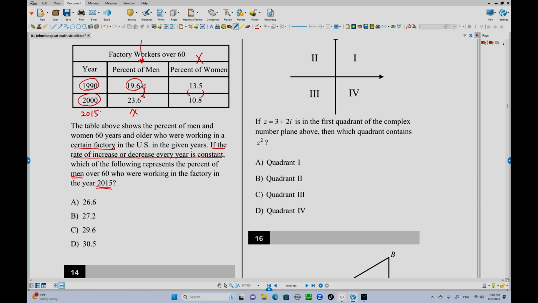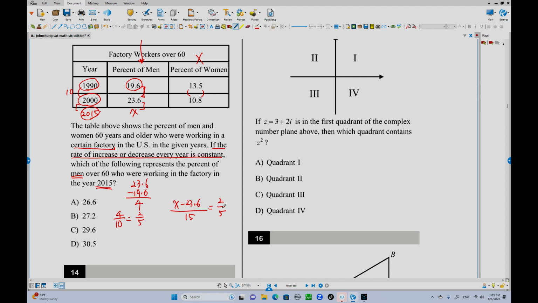The difference, 23.6 minus 19.6, equals 4. This is for the 10 years, so the slope is 4 over 10, which is 2 over 5. What is the slope of this one? X minus 23.6 over 2015 minus 2000, which is 15, equals 2 over 5.